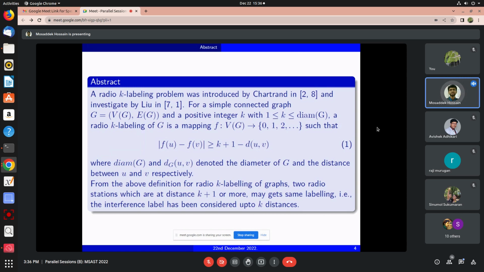From the above definition of radio k-labeling of graphs, two radio stations which are at distance k + 1 or more may get the same labeling, that is, the interference level has been considered up to k distances.